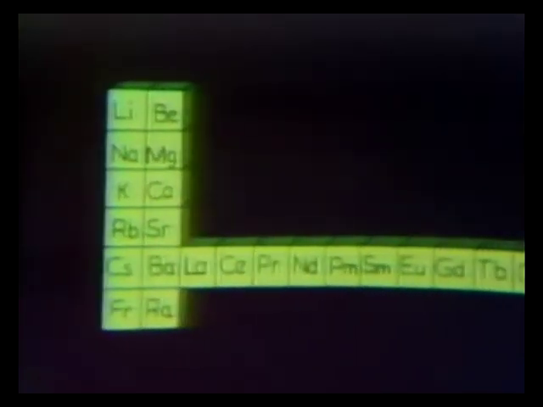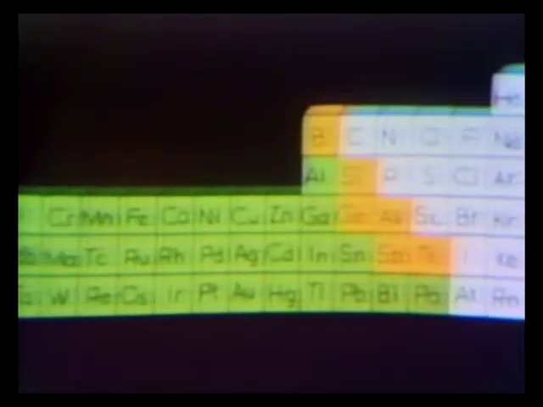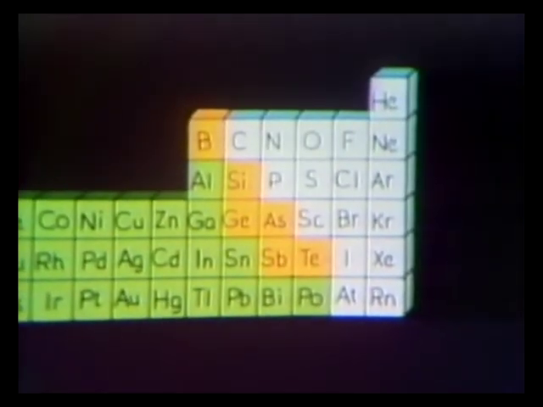Now we'll add the remaining elements in the last row. This is the result, today's preference, the long form of the periodic table. The A and B subgroups have been separated, and each space contains only 1 element. There are no footnotes and no graveyards.